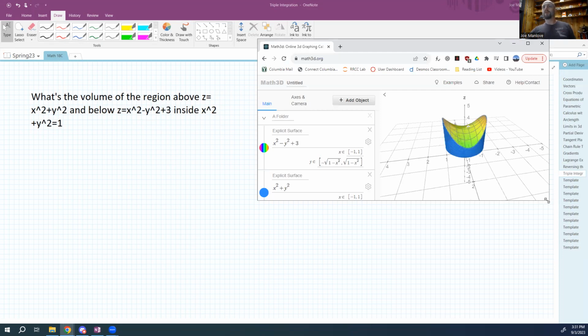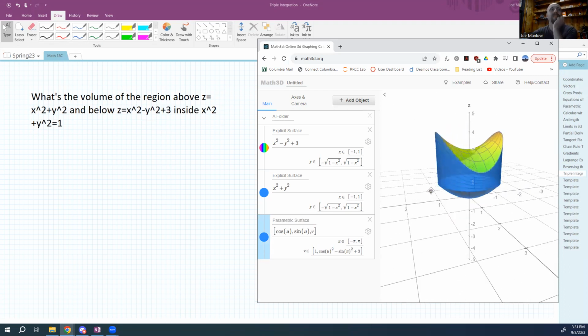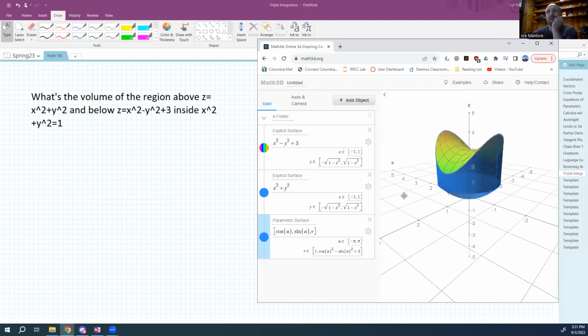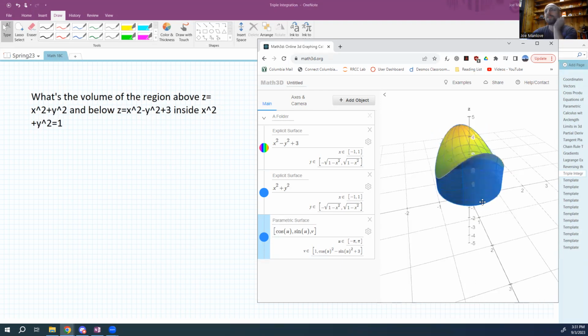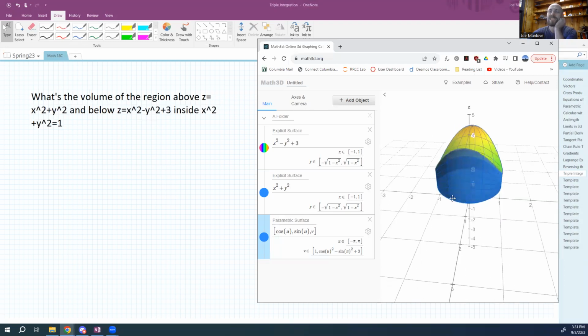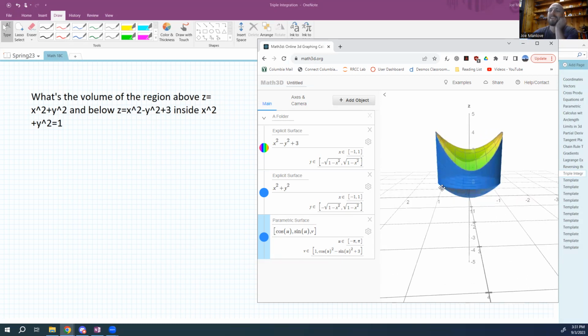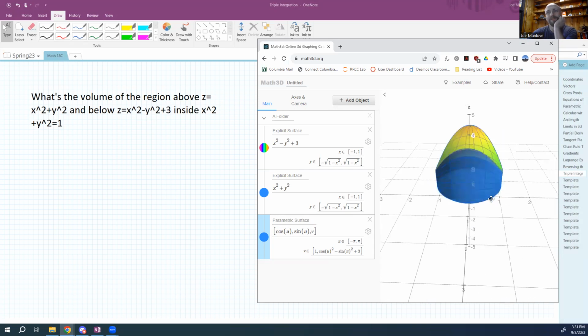I want you to think about why I needed that last statement about inside x squared plus y squared is 1. You see that? Because I cut this thing off with a cylinder, right? That's actually what this parametric surface here is. It's the skin of a cylinder that I used to plunge this thing out.